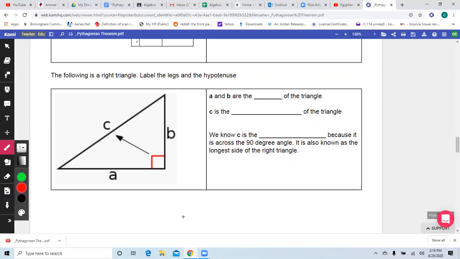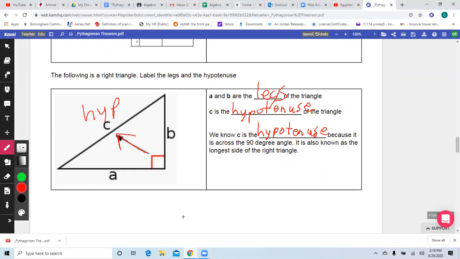A and B are the legs of the triangle. And C is always going to be the hypotenuse. So if you're kind of rusty on what the legs and the hypotenuse are, the hypotenuse is always across the 90-degree angle.